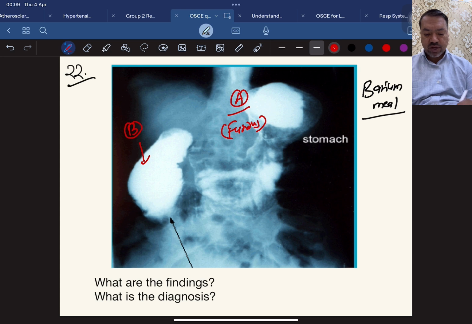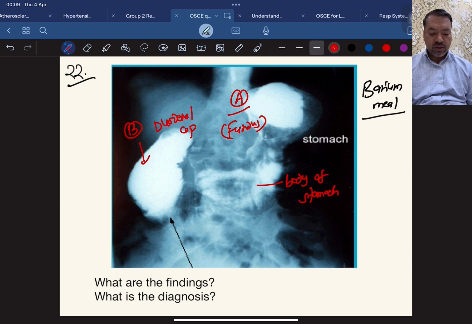Area B is called duodenal cap. And this is the body of the stomach here. You can say this is the greater curvature, this side is the lesser curvature. And very clearly shown, there is an arrow here.